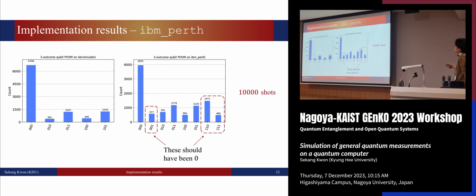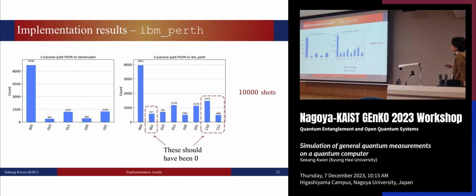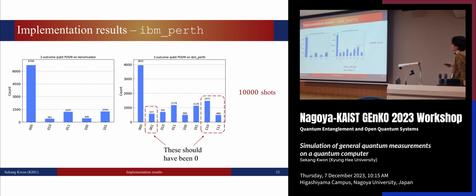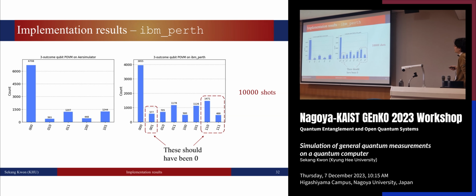There is some noise, and in the red box of the histogram, this should have been 0, but because of noise, they are also detected. But the shapes of the distributions are similar to each other. The scale is different anyway.